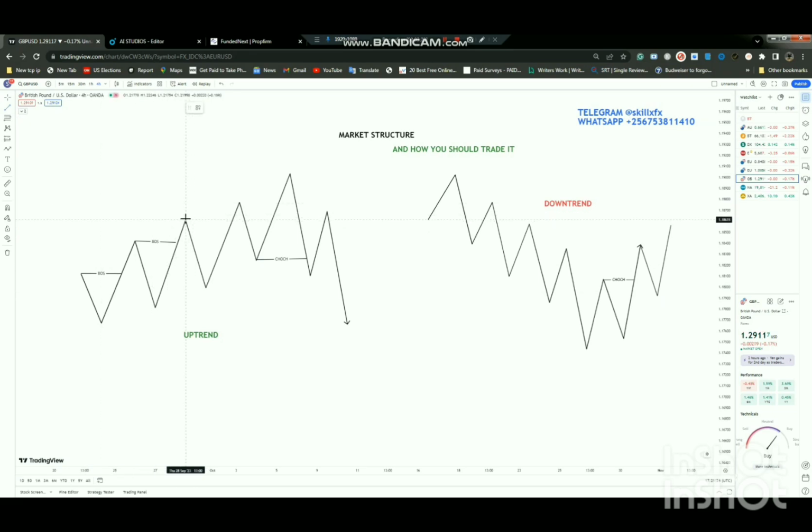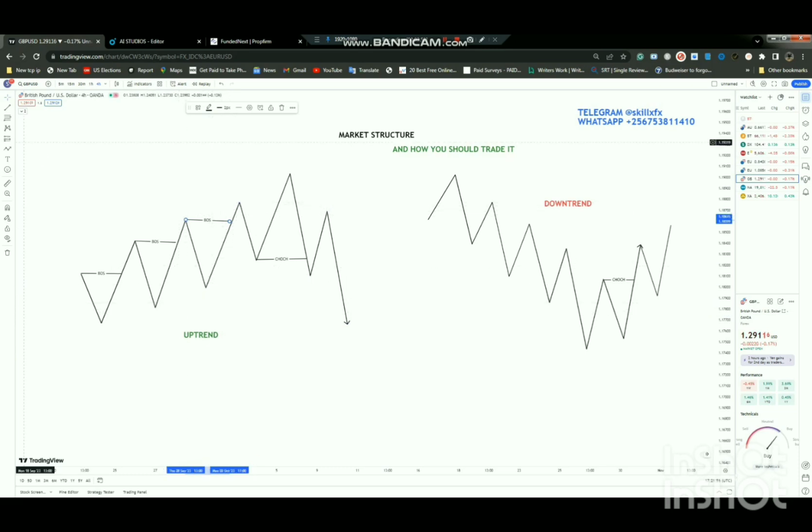If you buy from down here, always know that when the market is retracing back and you buy from here, you are sure that you're going to make money. You enter from here, and then you make your profits. That's the only thing that you can do.